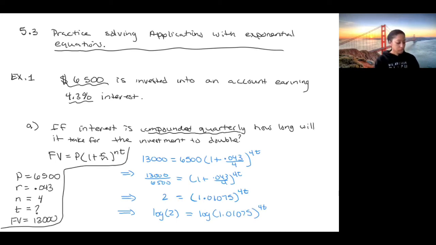I'll pause here just in case anybody's still writing. Give you a few seconds to finish writing this part because we're going to need to go to the next page to continue the problem.